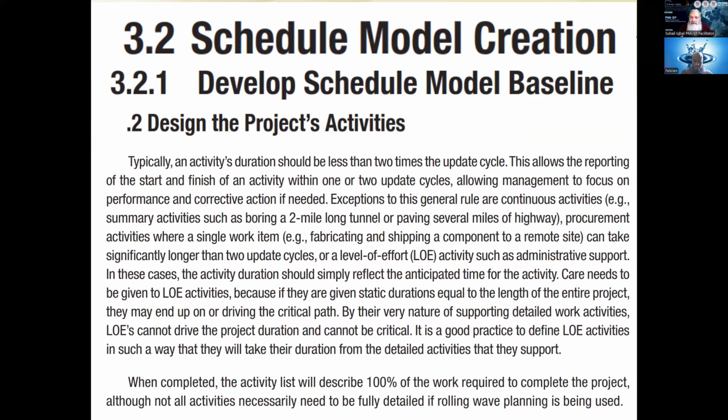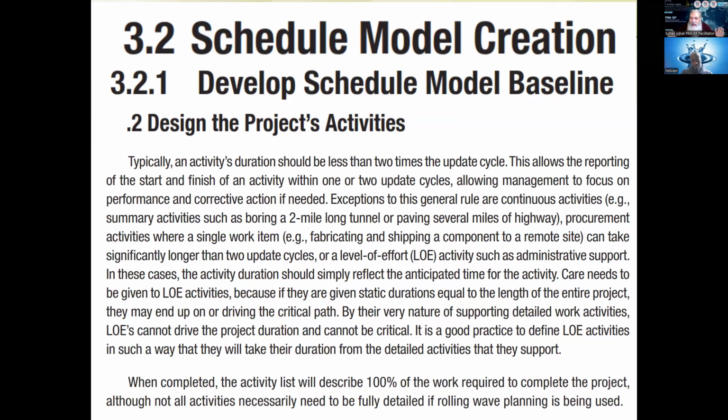These are very good instructions for the breakup of the activities, sizing the activities. This will help or allow the management to focus on performance and corrective action if needed. Management will have a better control over it. They would know what is being reported now and how to correct the situation if there is something wrong.